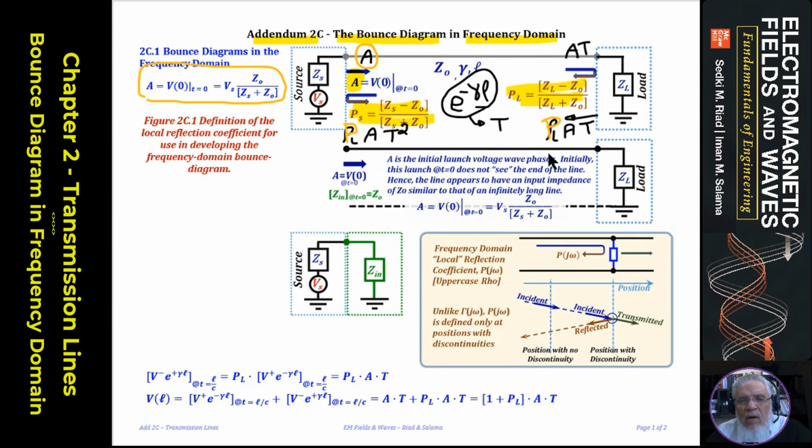Now, like I said, you may want to go to addendum 2D, look at that, and come back here again. Hopefully you will feel comfortable with this approach and you'll find it useful, because it's like a shortcut that gets you the answer much quicker than doing the analytical expressions and looking at the boundary conditions and V plus and V minus and how much is the voltage here, how much is the voltage there.